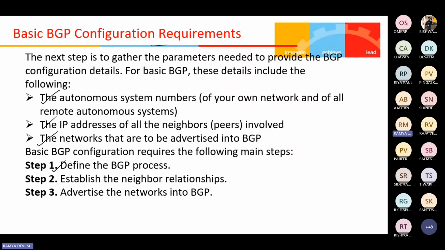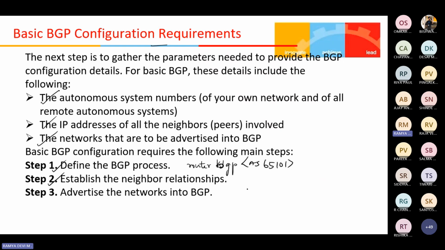So if I'm using Cisco, I'll specify router BGP and the autonomous system number 65101. And the next one, you have to establish the neighboring relationship. You have to specify the neighbor's IP address and also the autonomous system to form the peer relationship.